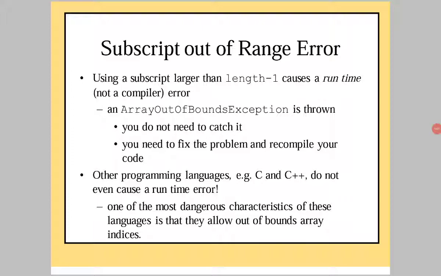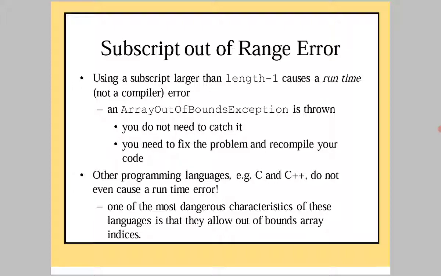Next, subscript out of range. Every array in C or C++ has some boundaries. The subscript or index values generally run from 0 to n minus 1, where n is the maximum size of the array.